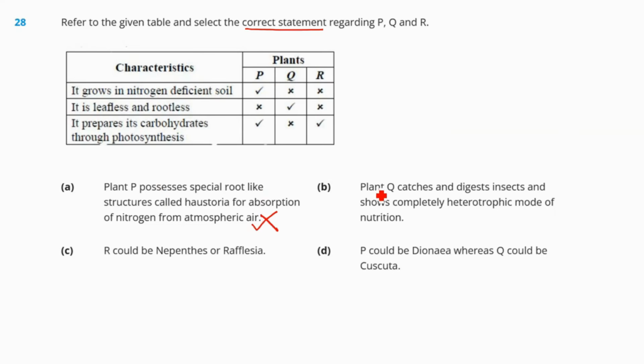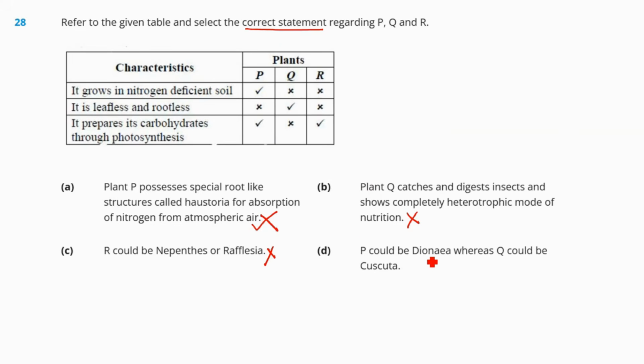Sorry. Plant Q is leafless and rootless, catches and digests insects and shows completely heterotrophic mode of nutrition. No, this is also a wrong statement because Q is not an insectivorous plant. R could be Nepenthes or Rafflesia. R is a normal plant, right? It prepares its carbohydrate through photosynthesis. So it is not Rafflesia or Nepenthes. So this is a wrong statement.